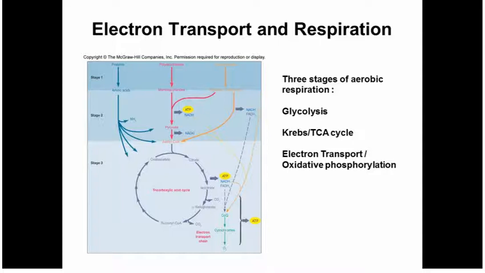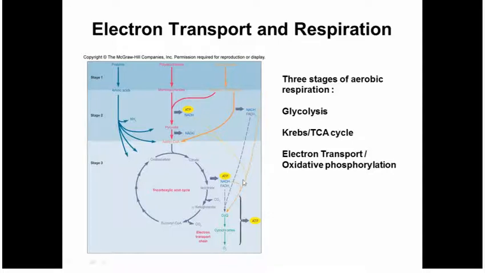Okay, so if bacteria are growing in oxygen with a relatively small amount of sugar or peptones or some other carbon source, then if they can do it, they will produce energy by aerobic respiration. There are three main stages here.